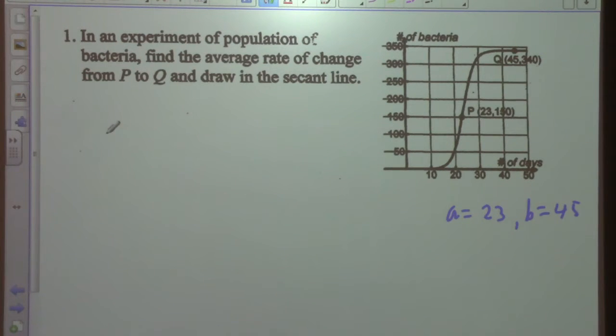And then you'll have average rate of change. It's going to be equal to f of b minus f of a over b minus a.